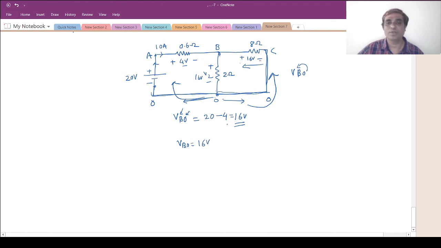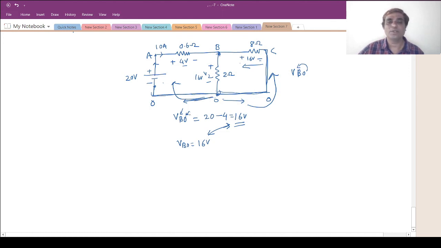If you compare, you get the same value. So there is no need to do the calculation again. Once you know the voltage between point B and O, you can do the algebraic sum of voltages and find the other remaining voltages using this strategy.